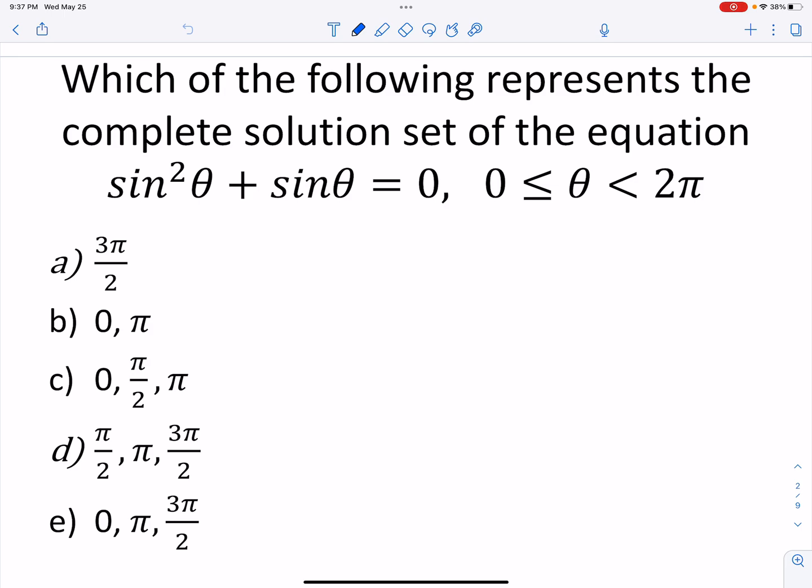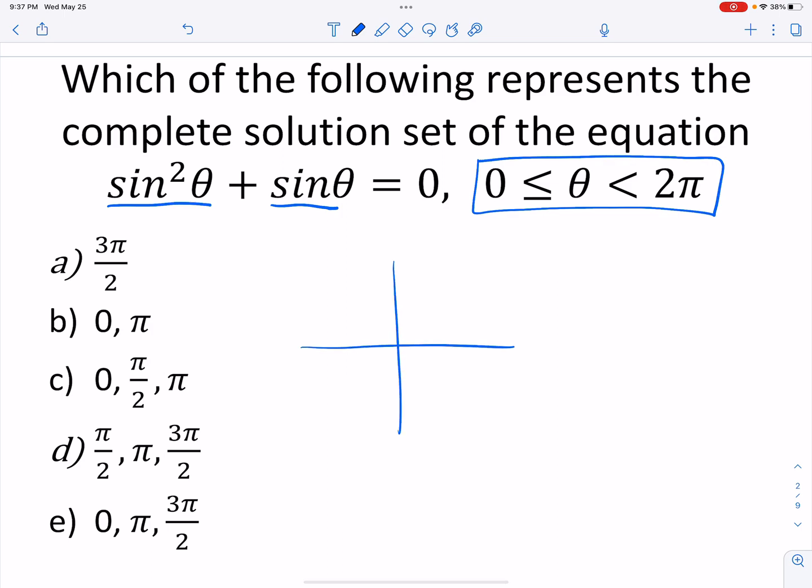So I want to know where sine squared plus sine equals 0 between 0 and 2 pi. Okay, so that means that when I square a number, if I think about the unit circle, it looks like all of these are decent numbers. If I'm at 0 degrees, my point is (1, 0).